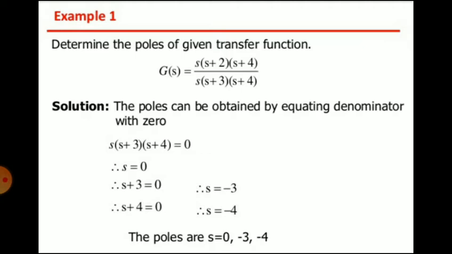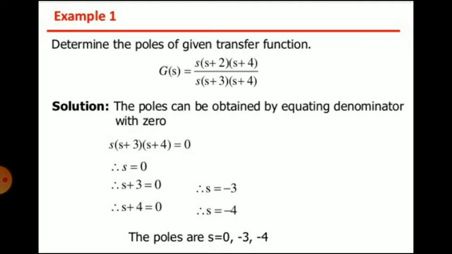So s into (s plus 3) into (s plus 4) equal to 0. We will find the roots of this equation. First s equal to 0, then s plus 3 equal to 0 and s plus 4 equal to 0. These are the roots of the equation in the denominator. So s plus 3 equal to 0 means s equal to minus 3, and s equal to minus 4.